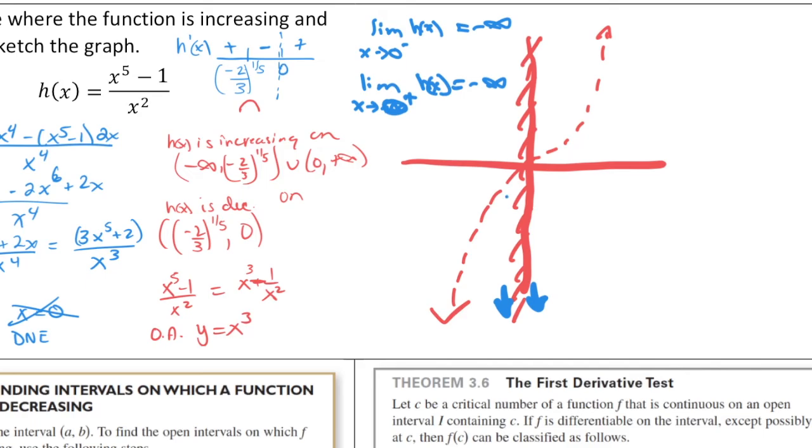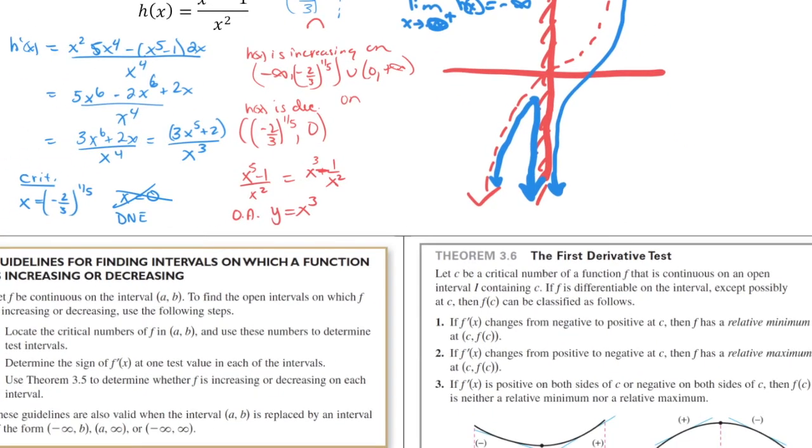When you substitute in, you do get a negative. I'm not too concerned about what that actual value is. Figure out what the rest of your graph looks like. Remember, just follow those asymptotes and you are set. So the first derivative test was very helpful with our graphing because we know that we have a relative max at f of (-2/3)^(1/5).